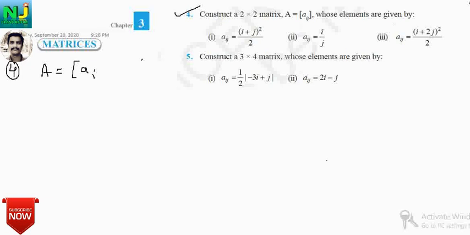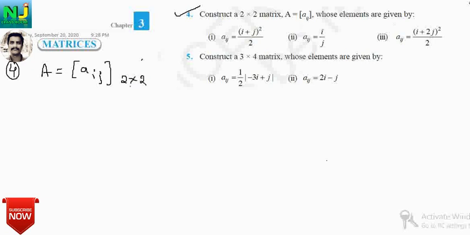In problem number 4, construct a 2 cross 2 matrix. I am solving problem 4. Look here in the problem, A is equal to, what is the element? Aij. So what is the order we have to write? 2 cross 2 matrix.